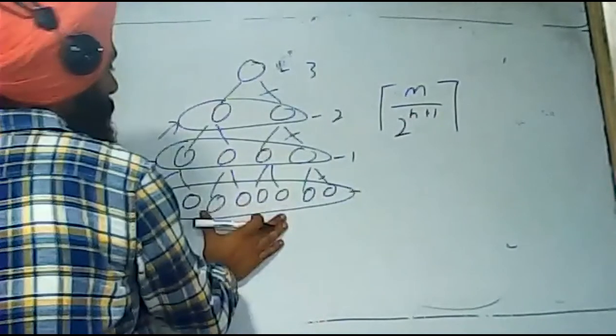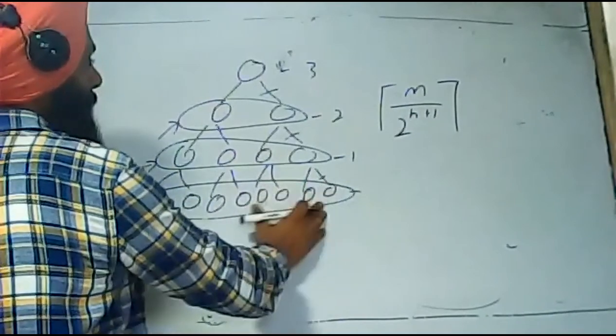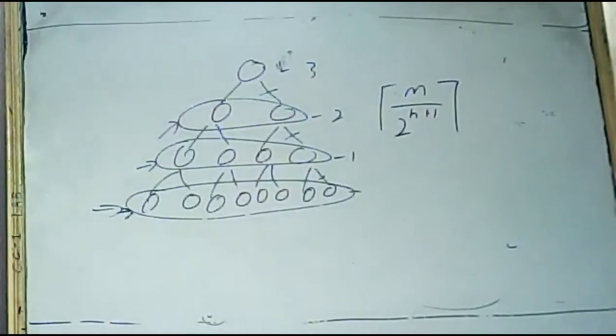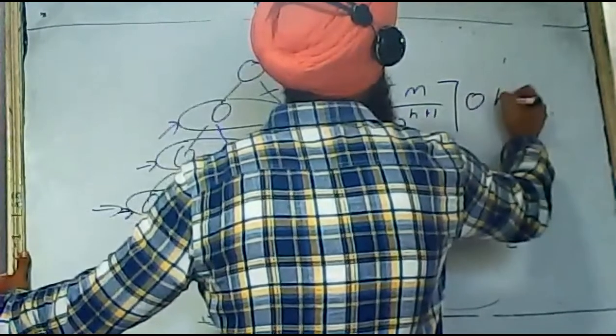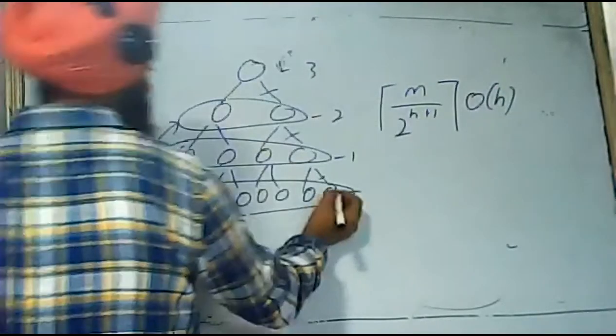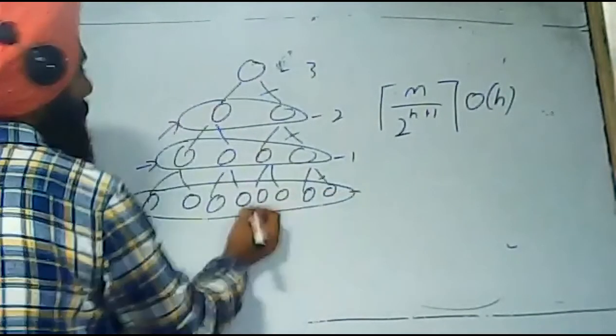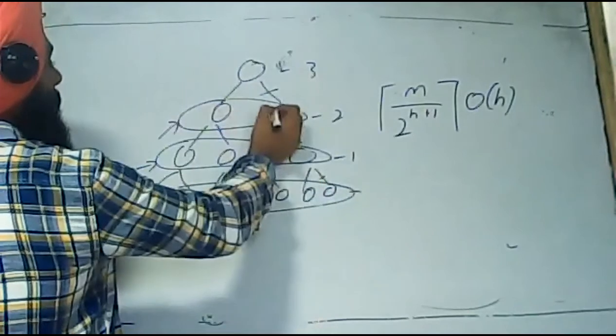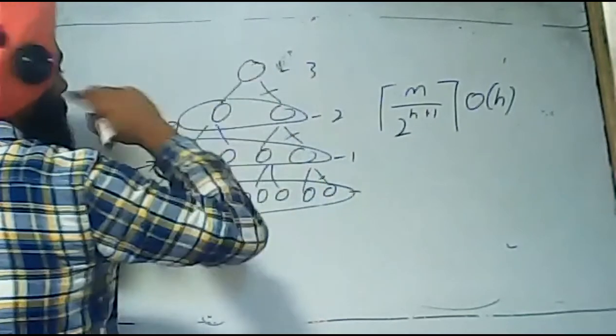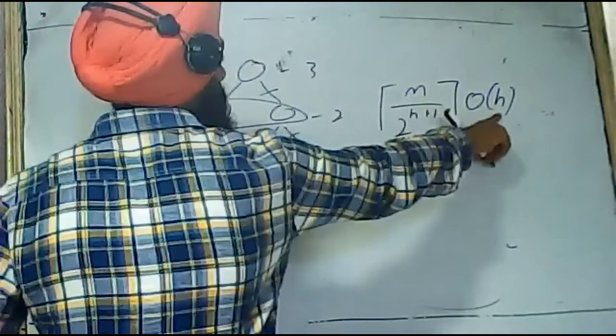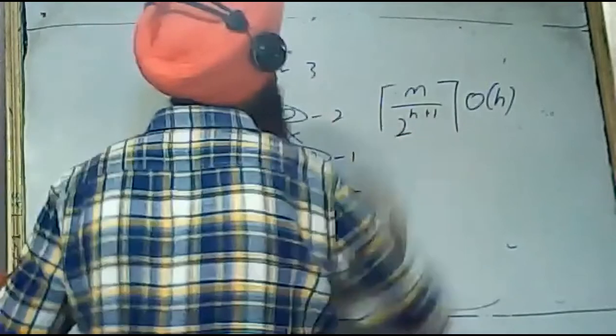So at one level, this many nodes will be there. And how many times do I have to do this? Order of h. Work done at this level plus work done at this level plus work done at this level, and so on. That depends on the height of the tree, order of h. So that is the complexity.